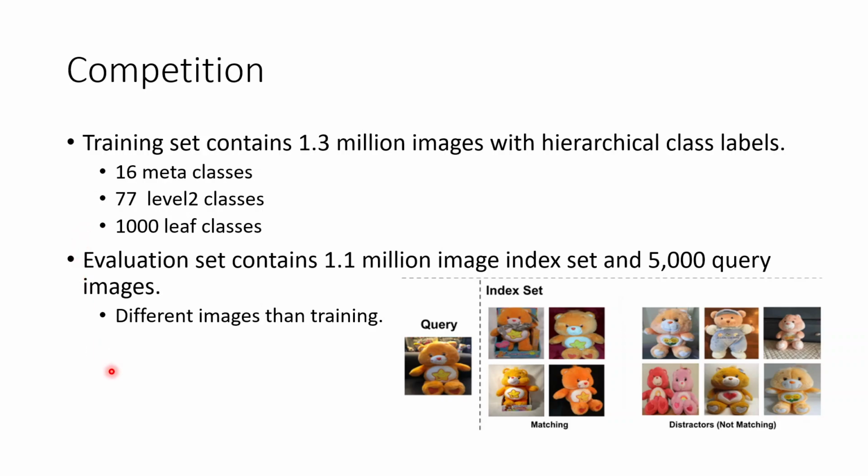During the evaluation stage, we had an additional 1.1 million image index set, and we had 5,000 query images, which were the ones that we wanted to actually evaluate on the image index set. The index set is the set that we searched through, and these were different, new images from our training set.